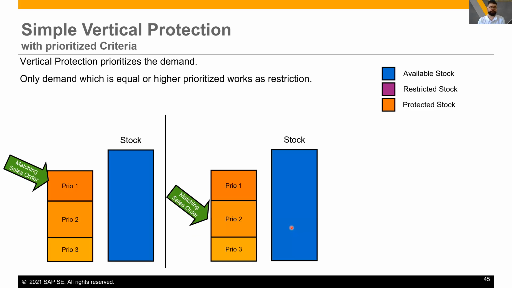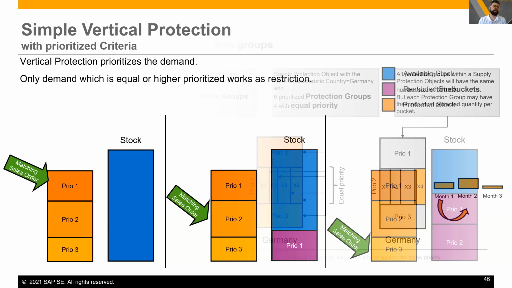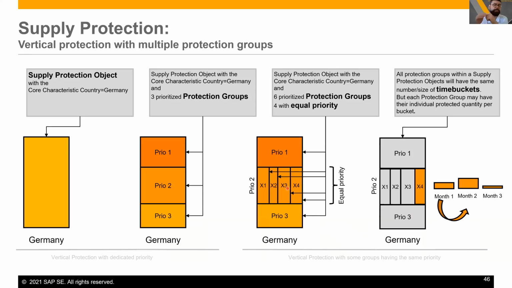It is even possible to have groups with the same prioritization. So you can have a very sophisticated control over which part of your stock or future supply should be reserved for certain customer groups. This is what supply protection is all about.